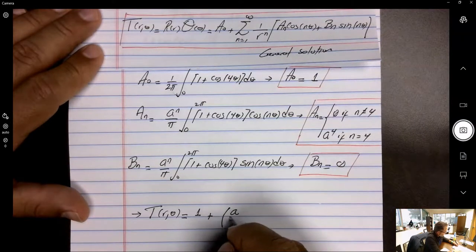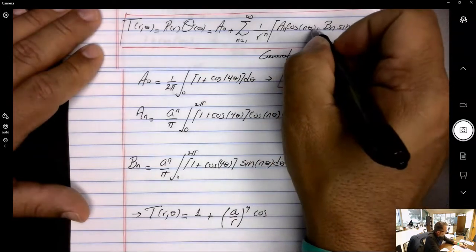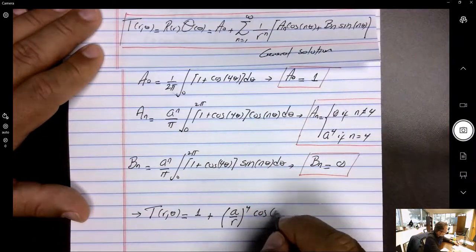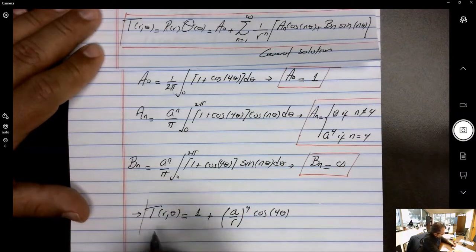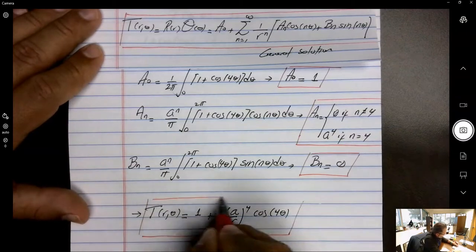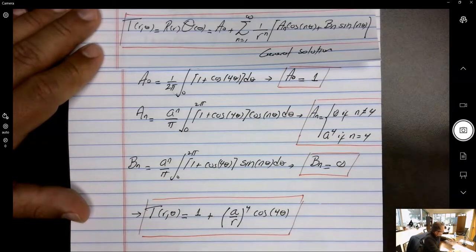So it will be a divided by r to the power of 4 times the cosine of n theta when n is equal to 4, so it's a cosine of 4 theta. That is the particular solution. And that's it. All the elements of the series go away.